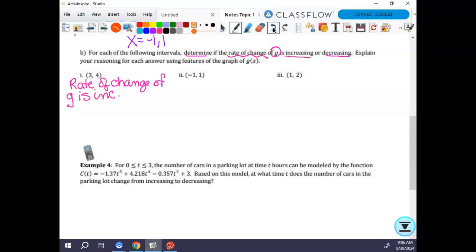Increasing on 3 to 4, because is the rate of change always increasing? No, that's why we have to restate that. Because G is concave up, and once again, on 3 to 4, because it's not always concave up.